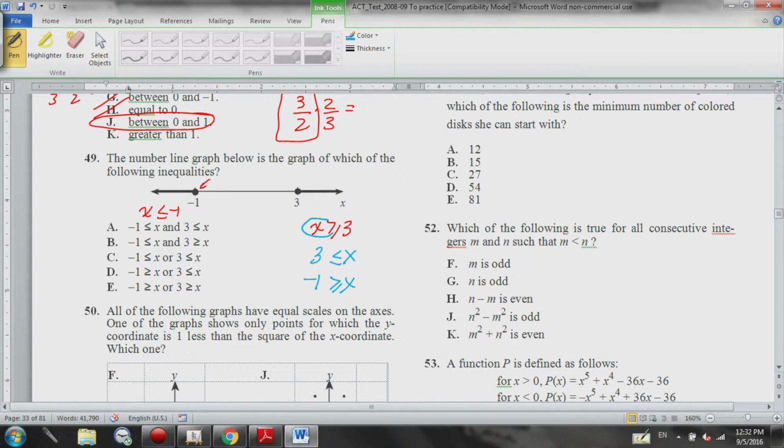And the pointy end was towards the 3, and the pointy end is towards the 3. The pointy end is towards the x. Then you know you're talking about the same thing. So you can just rewrite them so it's easier. So you're looking for -1 is greater than or equal to x, and 3 is less than or equal to x.